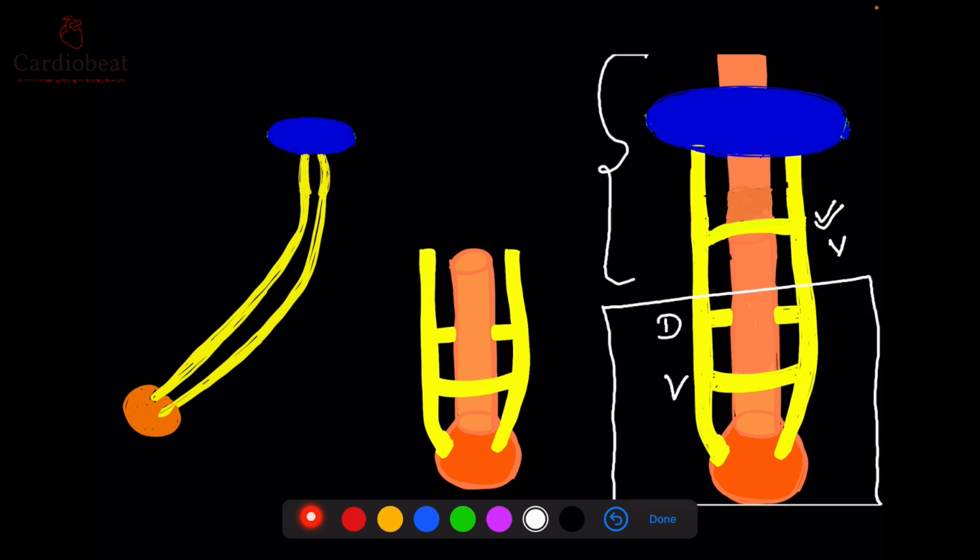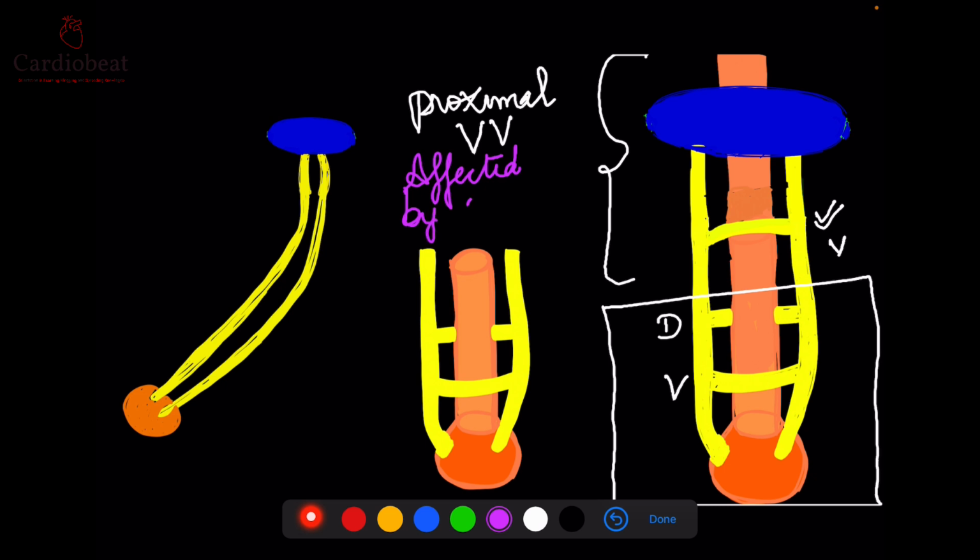The importance of the proximal portion of the vitelline venous system is that it will be affected by one growing structure, which will be discussed later.